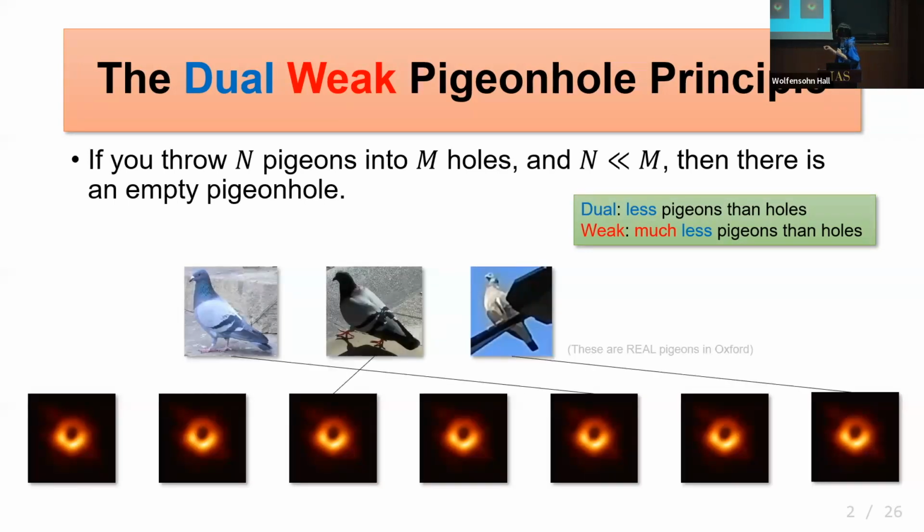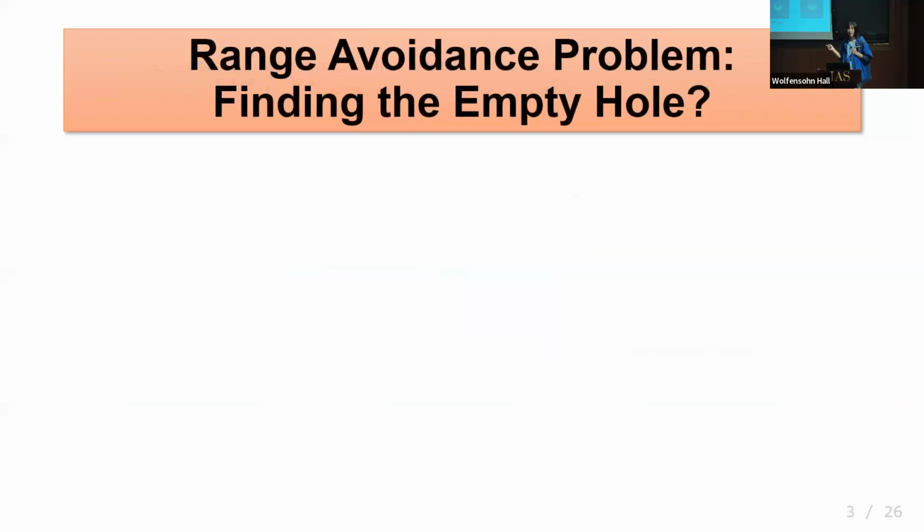Hopefully this picture is reminiscent of what happened in the last slide. The dual pigeonhole principle is captured by the so-called range avoidance problem. So they are essentially the same thing, but one in the logic world and one in the total function world.